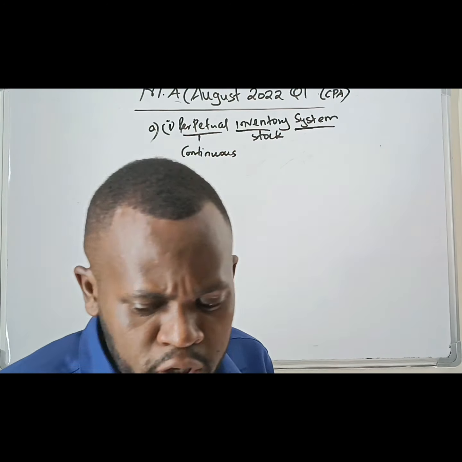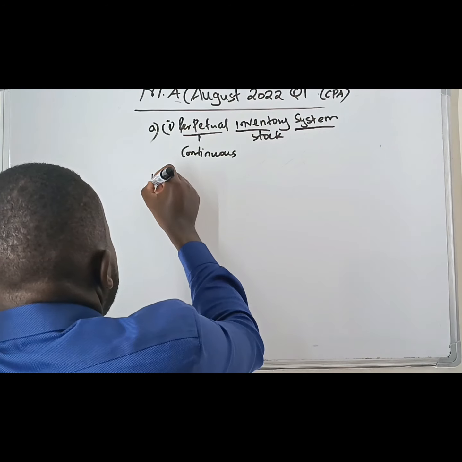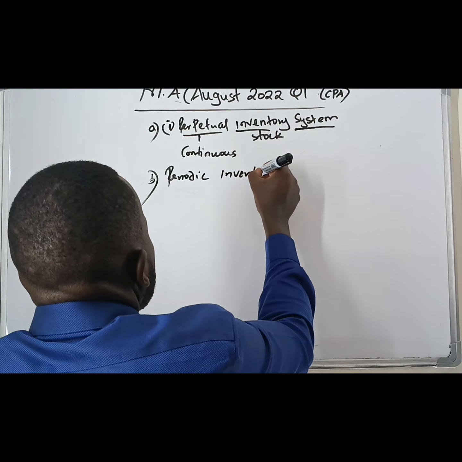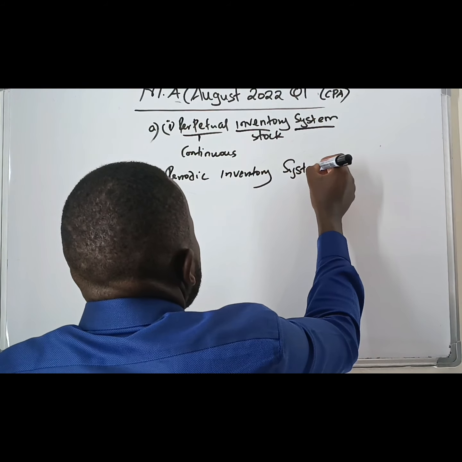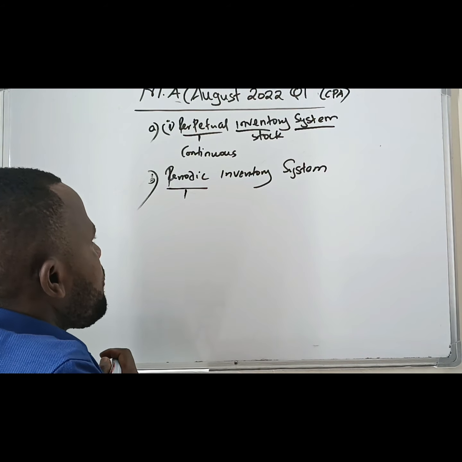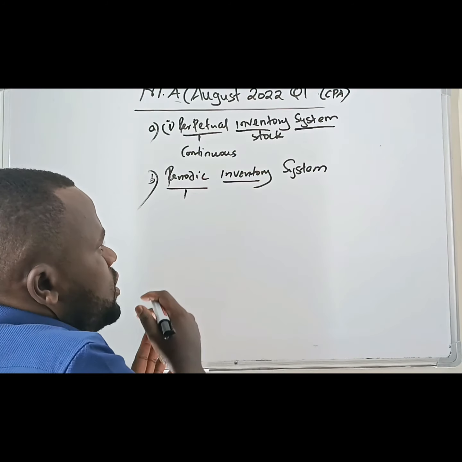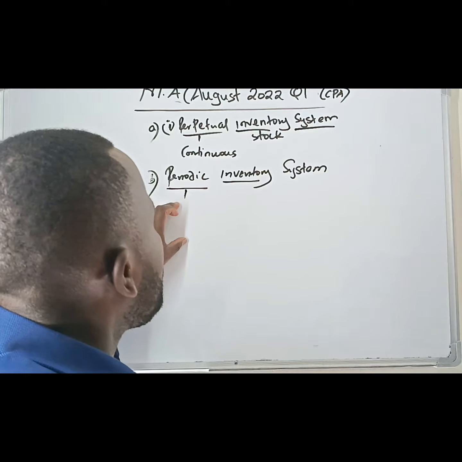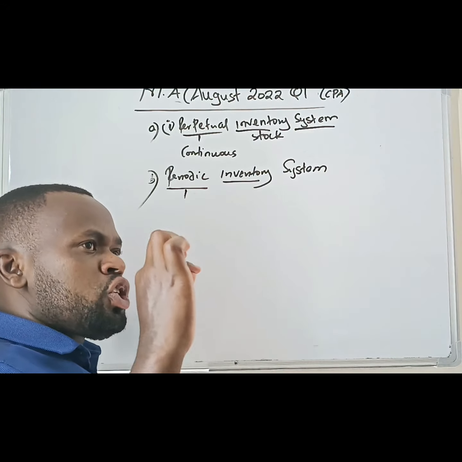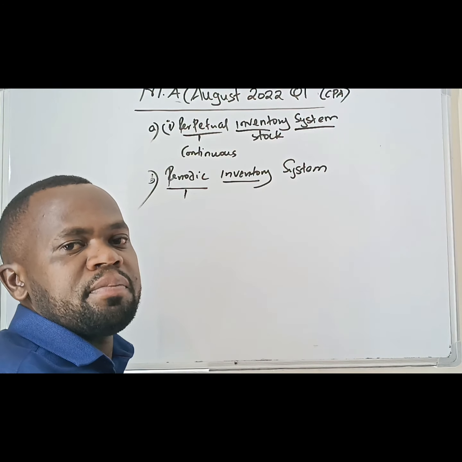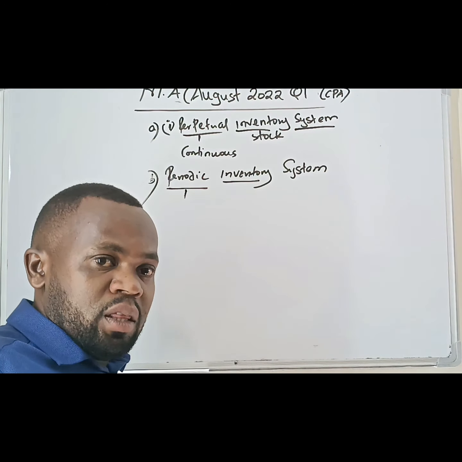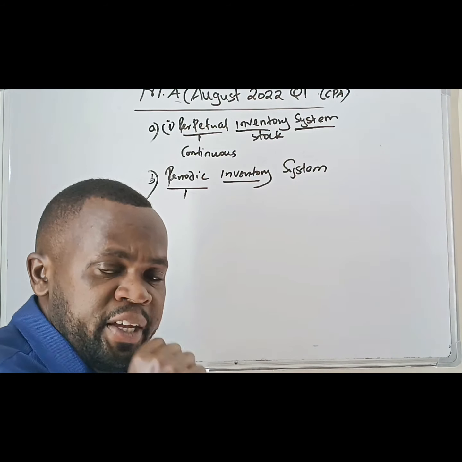And Roman 2 is periodic inventory system. This periodic means at a particular period of time. I've talked of inventory being stock. So it is a stock valuation system or method where inventory or stock is counted at a predetermined period of time, maybe at the end of the company's accounting period.